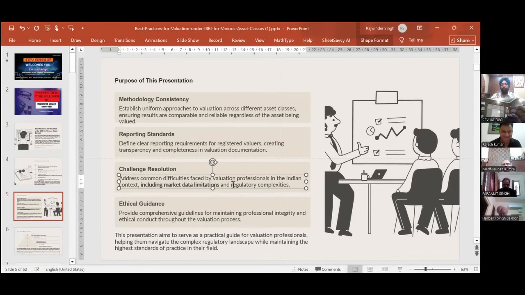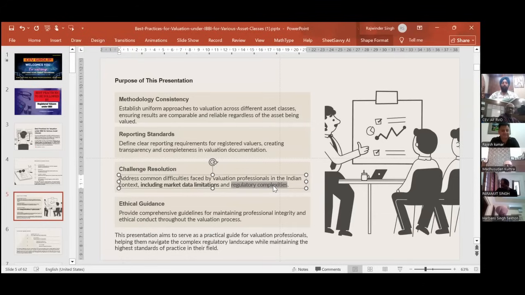And then with the advent of the formation of IBBI, another thing comes into play, that is regulatory complexities. As a registered valuer, you have to follow the regulations of IBBI and the RVO of which you are a member.